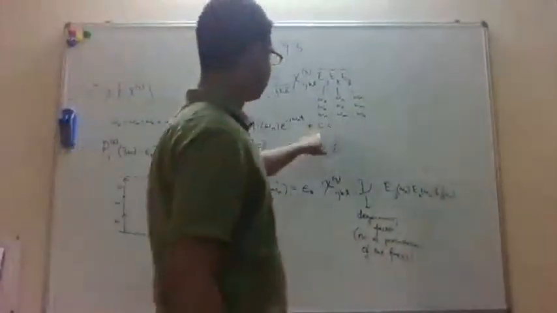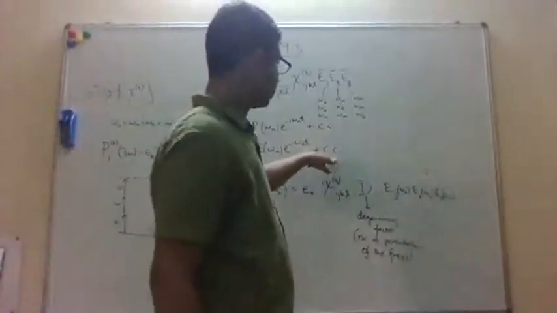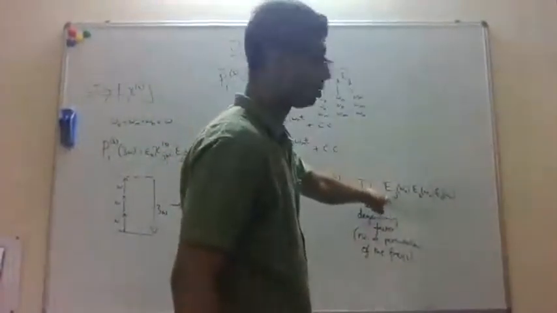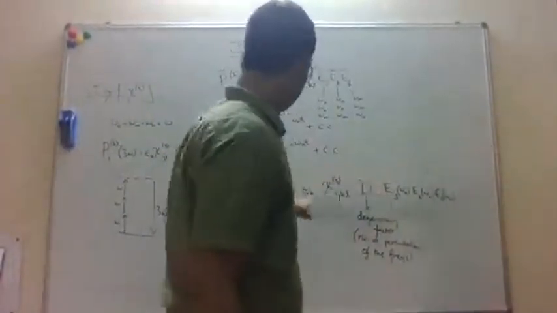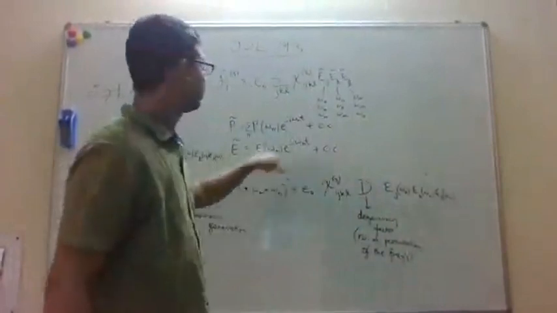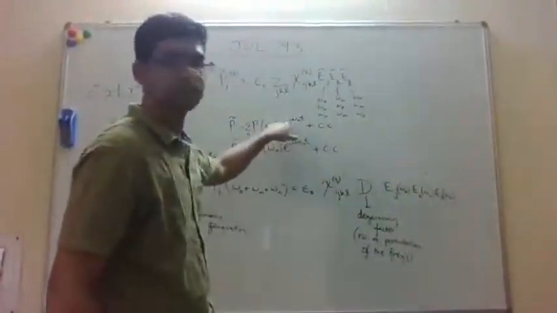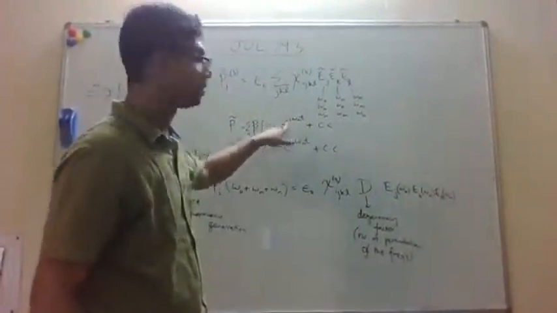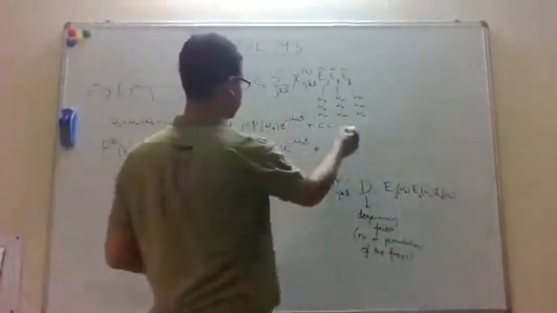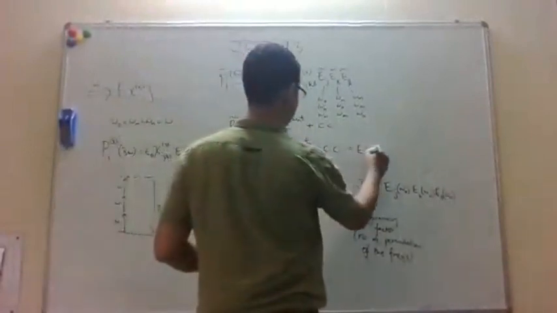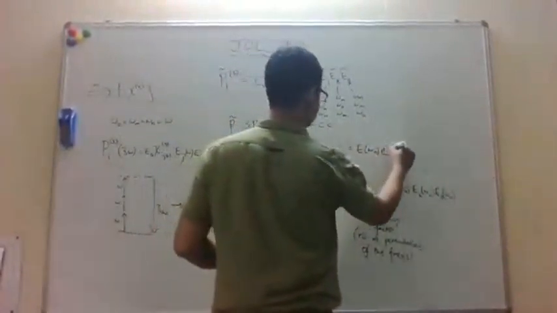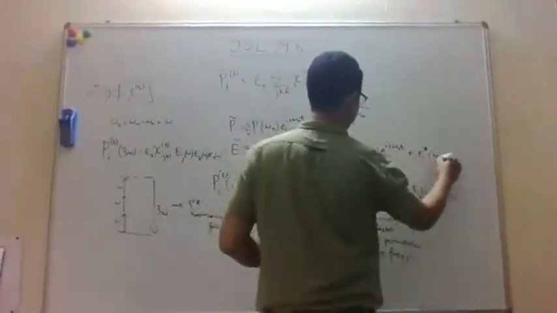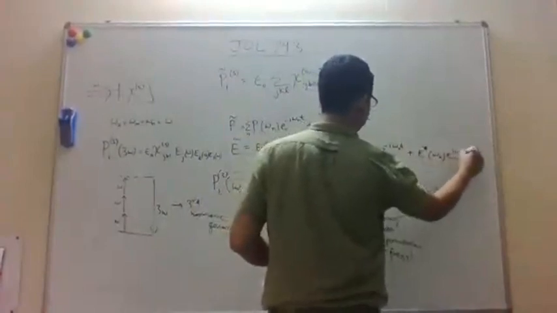Another, since we have, remember we have complex conjugates here, right? So I could take the complex conjugate part here, and then I get a minus sign here, right? Because this will become a minus sign. Is that clear? So to explicitly write it, I will write this as E of omega n e to the minus i omega n t plus E conjugate omega n e to the i omega n t.